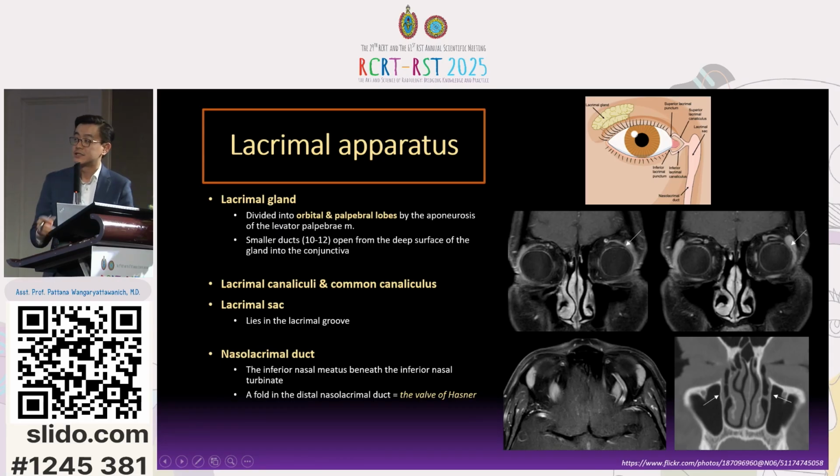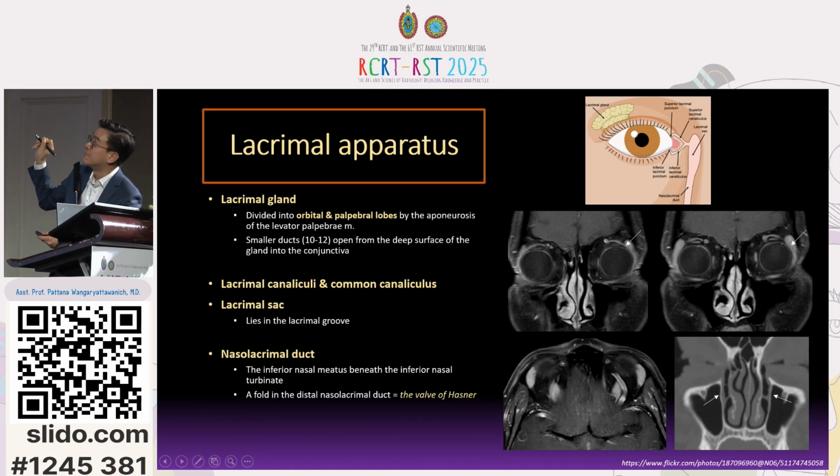The last structure in the orbit is the lacrimal apparatus. We start from the lacrimal gland, located at the superolateral aspect of the orbit. Tears are produced by this gland and excreted through small ducts located at the deep surface of the gland, then traverse the conjunctiva and accumulate right around the area of the lacrimal sac.